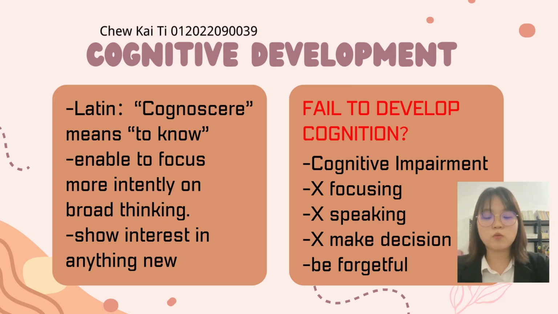So that's why it is very important for students to develop their cognitive skills, and parents and teachers play a very important role in helping students develop their cognitive skills.